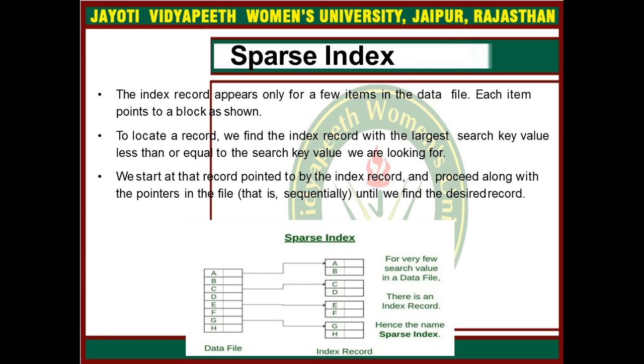We start at the record pointed to by the index record and proceed along the pointers in the file, sequentially, until we find the desired record. For very few search values in the data file there is an index record, hence the name sparse index.